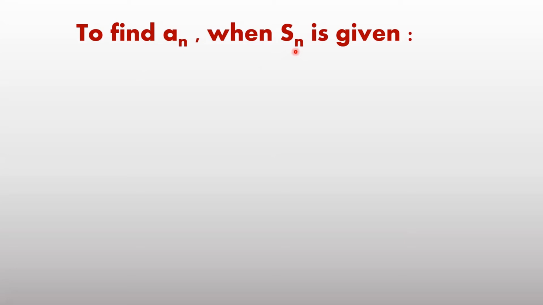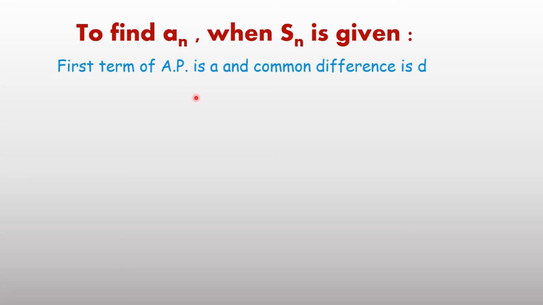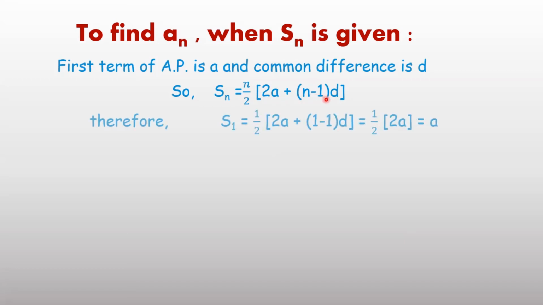Now next important part: if the sum of n terms is given, you have to find the nth term. Then the process by which we can find the nth term: first term symbol a, common difference d. The formula for Sn already covered, n by 2 bracket 2a plus n minus 1 into d. Step first, find out S1, sum of one term.